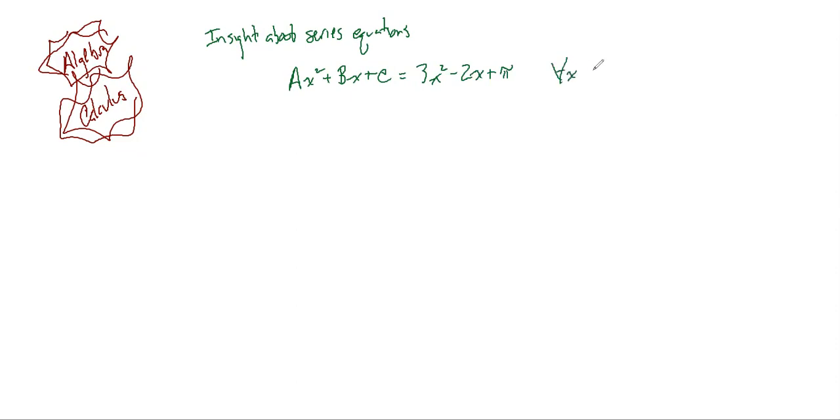We have this insight about series: if I have ax squared plus bx plus c equals 3x squared minus 2x plus pi, and this is true for every single x in the real line, then I actually already have the solution not of one thing, but of three things.